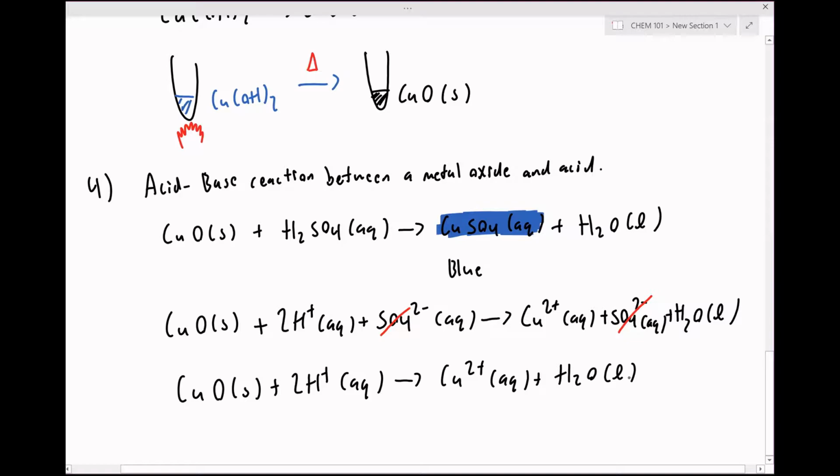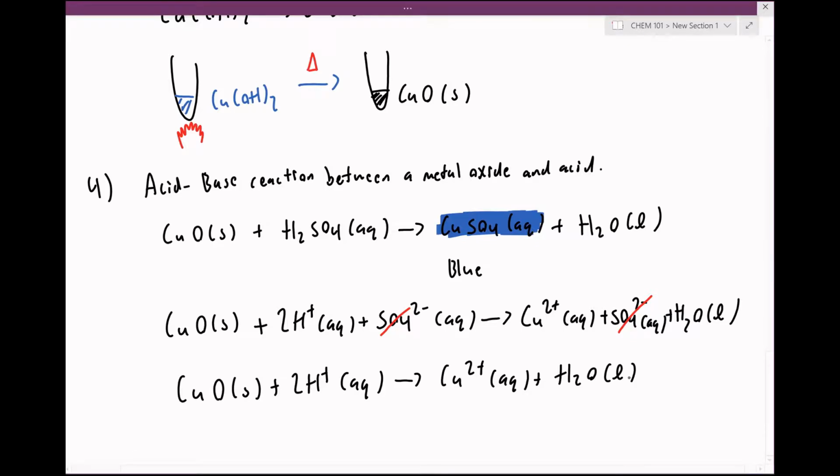So metal oxides are often considered quote unquote basic because when placed in solution, they generate metal hydroxides, which can react with acid, or metal oxides can directly react with acid, as observed in this case.